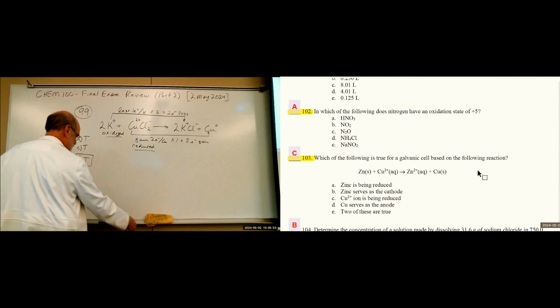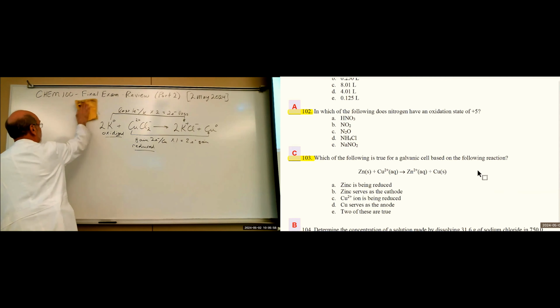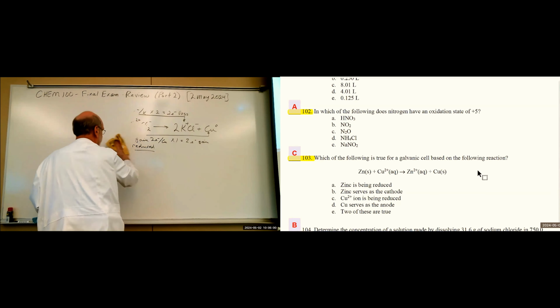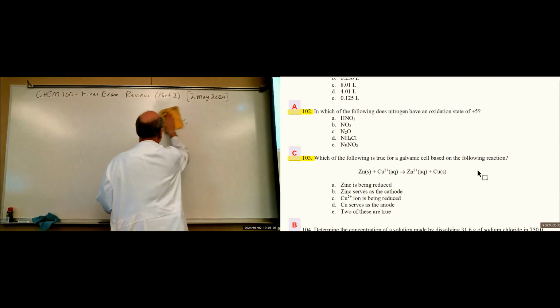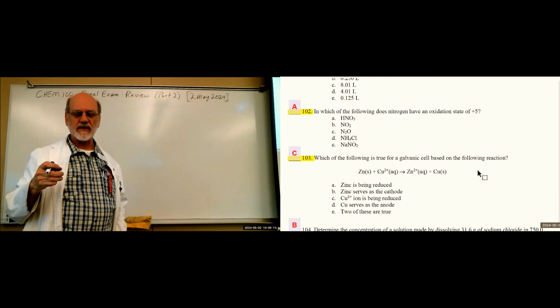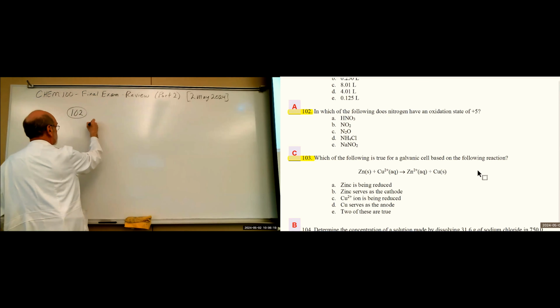All right, 102. In which of the following does nitrogen have an oxidation state of +5? All right. So let's see.